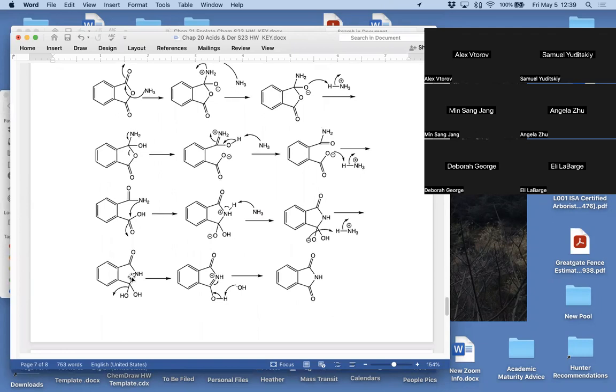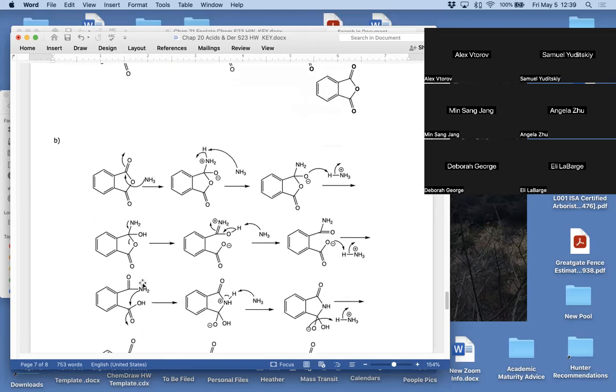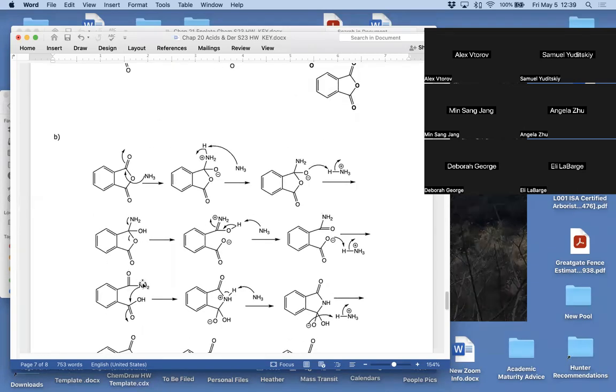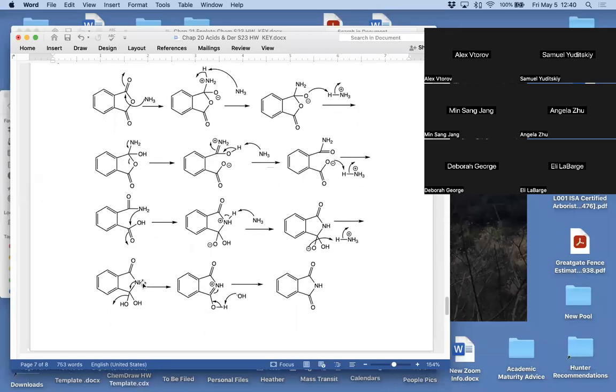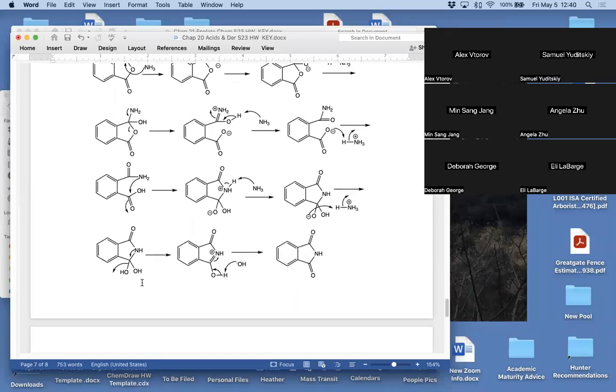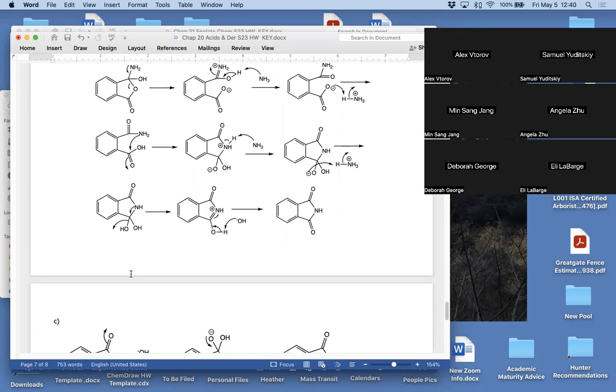Yeah, it's just in this step. Here you're under more basic conditions than not. There's nothing really obvious to protonate this. So, you know, you're making a fairly stable cation. So here it's okay.